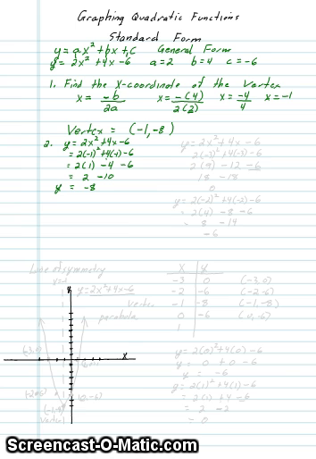Now we can go down here to the graph, the bottom left-hand corner of the page, and at negative 1 I'm going to put a little dashed line through x equals negative 1. X equals negative 1 is the line of symmetry.